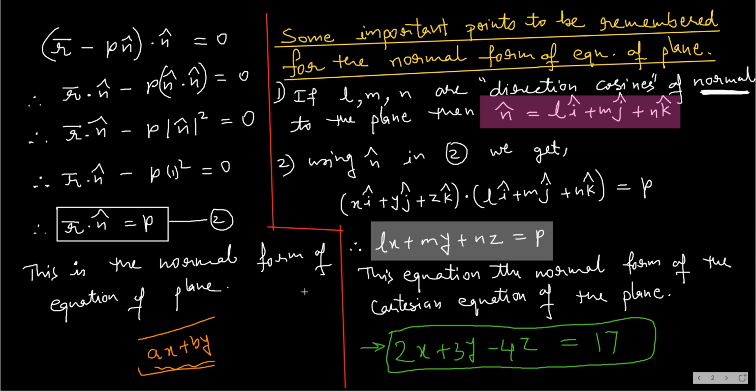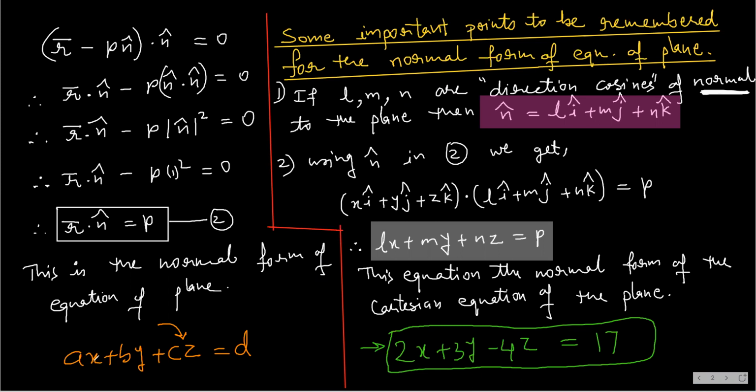On the same line, when I have some equation in the form ax plus by plus cz equals d, now see, here you have got a z component as well. For the line, we had ax plus by plus c equals 0.